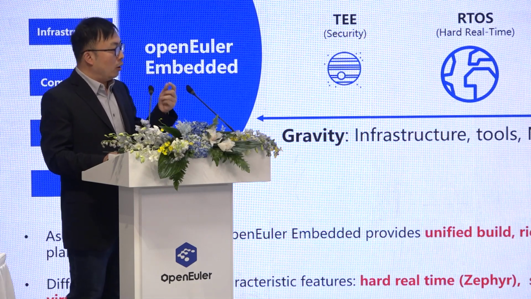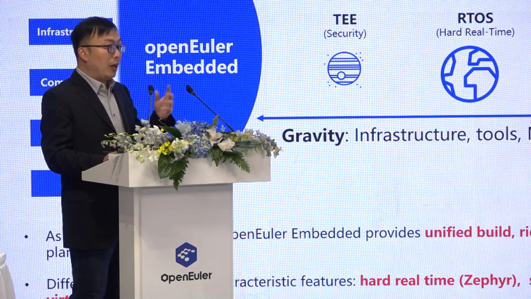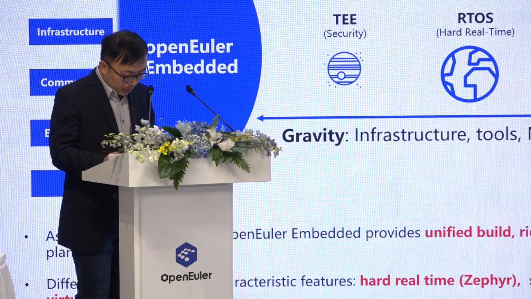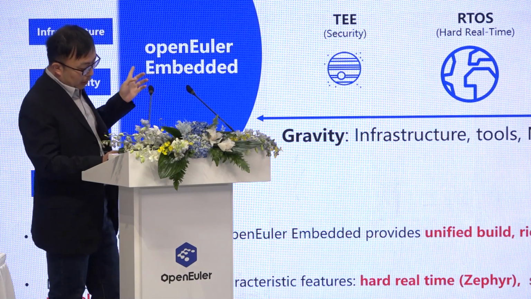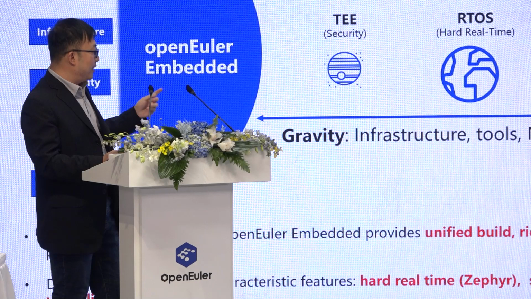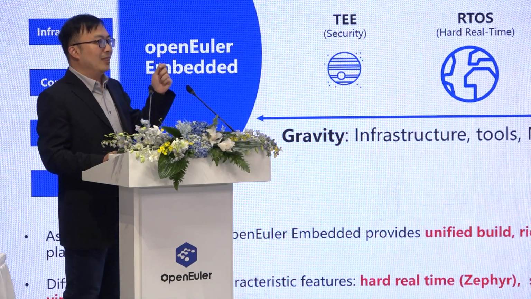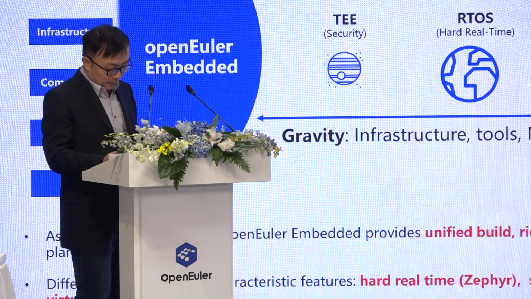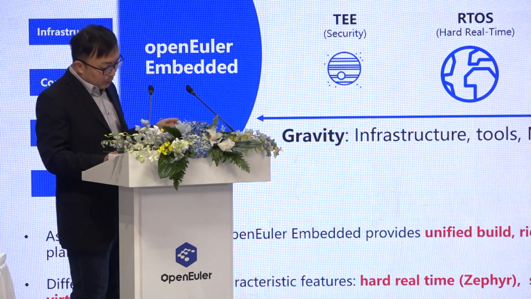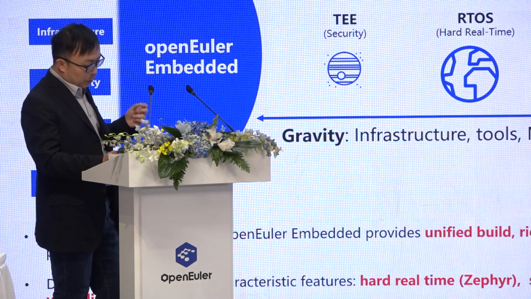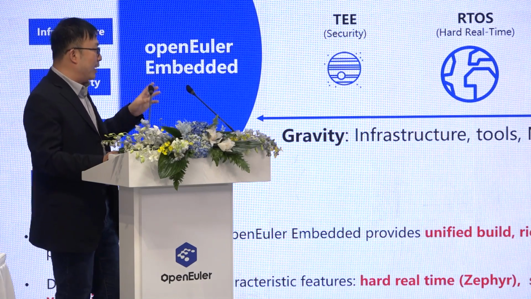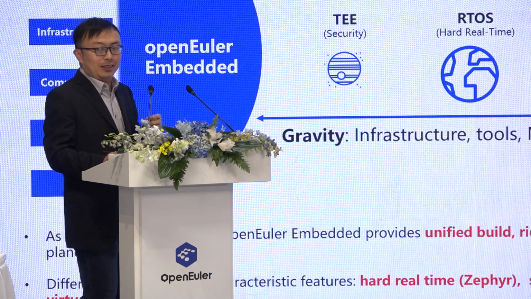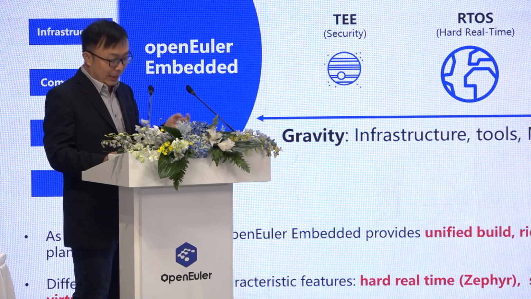And if you want good reliability, you will need embedded virtualization, like an embedded hypervisor. As with the sun of the solar system, openEuler embedded provides gravity: the infrastructure, tools, and some key features like MICA, which I will discuss later, and the soft bus. Different plugins provide their own characteristics, features, and ecosystems. As I just mentioned, if you need hard real-time, if you want to use it in a controller, you must have a real-time operating system like Zephyr, NetX, or ThreadX. Okay.